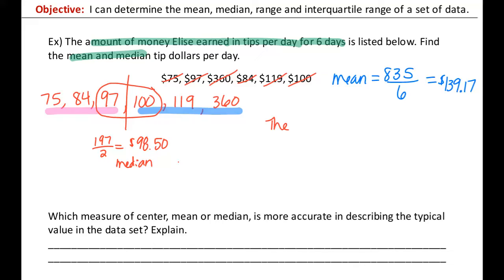So again, in context, we would say the mean is 139 and 17 cents in tips per day.